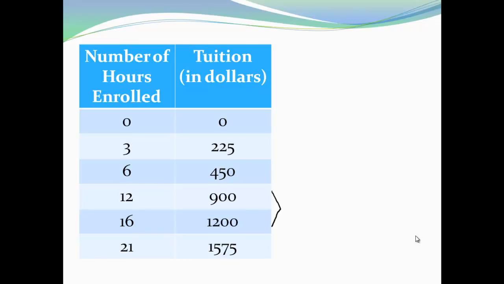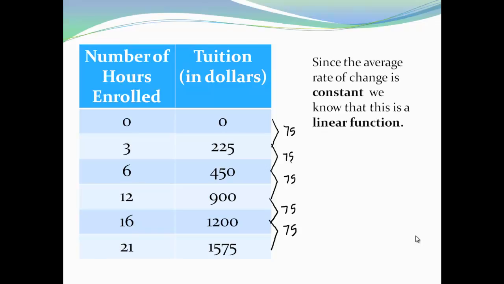If we calculated the next sets of data points, we would also find that the rate of change is $75 per credit hour. So between all of my sets of points, my average rate of change is $75 per credit hour. Since the average rate of change is constant, we know that this is a linear function. And if we graph this data, our graph would be a line.